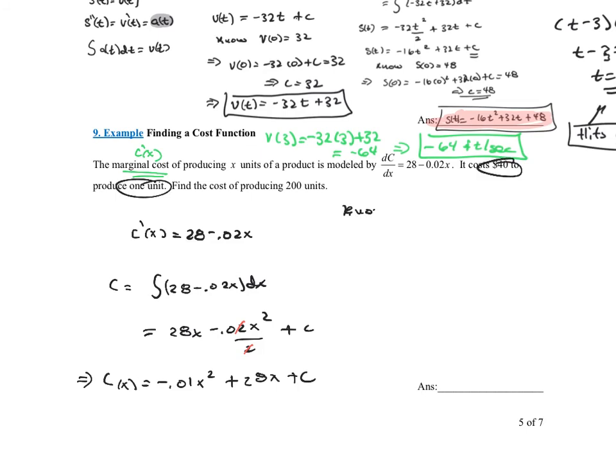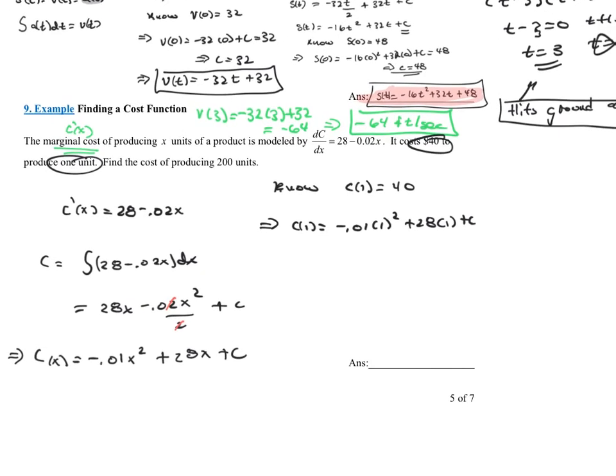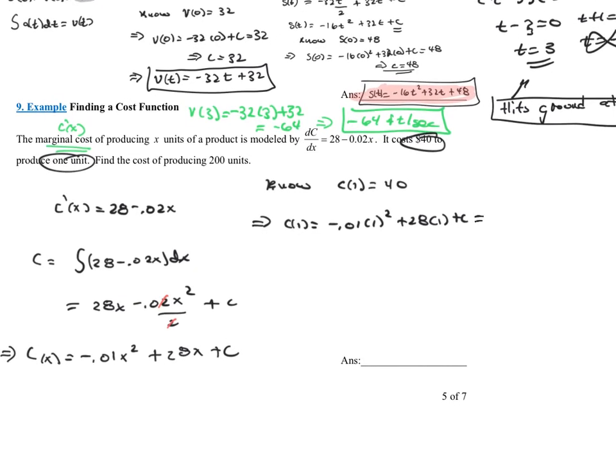I use the given information. So what do we know? We know that the cost of 1 unit, if I plug in 1 unit, I have to get $40. So let's figure this out. If I plug in 1 unit to the cost function, I'd have negative 0.01 times 1 squared plus 28 times 1 plus c, and that has to equal the cost of 1 unit, which was $40.